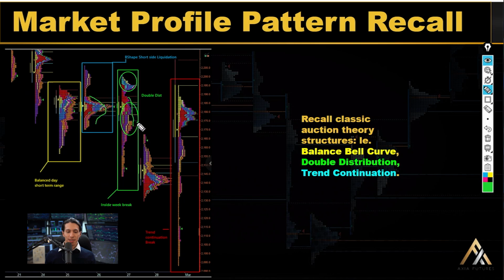You end up seeing a swift move lower, which breaks the previous day low and the previous day low, thus implying that short-term sell side is in control, giving you that double distribution to what you could call a marginal trend day.